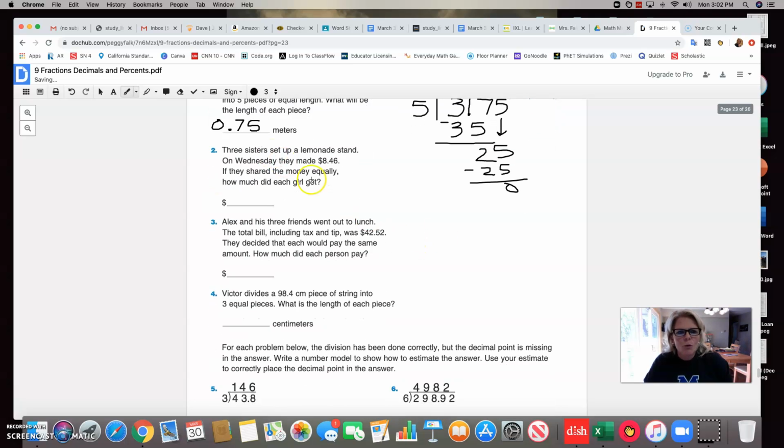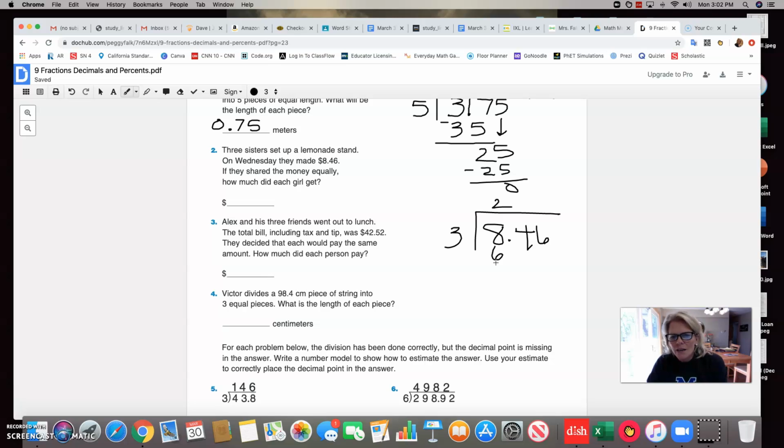All right, number 2. 3 sisters set up a lemonade stand. On Wednesday, they made $8.46. If they shared the money equally, how much did each girl get? Well, we're going to break $8.46 equally 3 ways. Okay, so 3 can go into 8 2 times, and that equals 6.